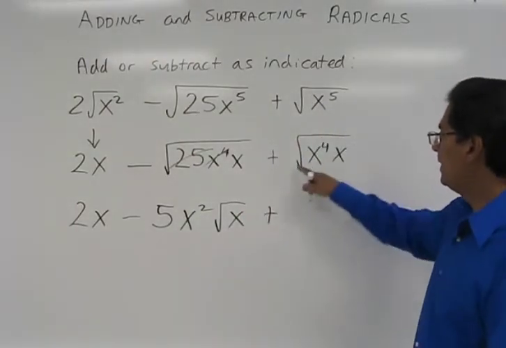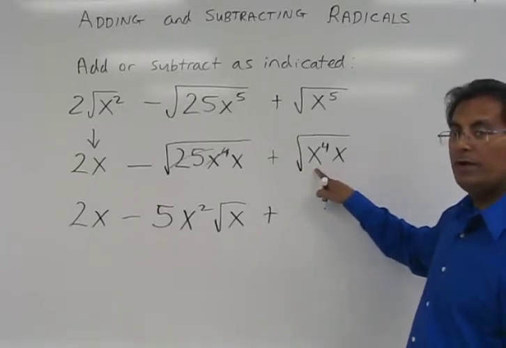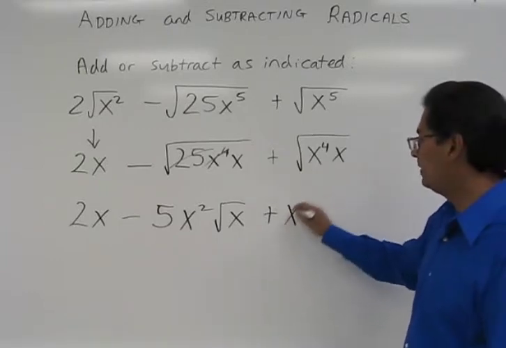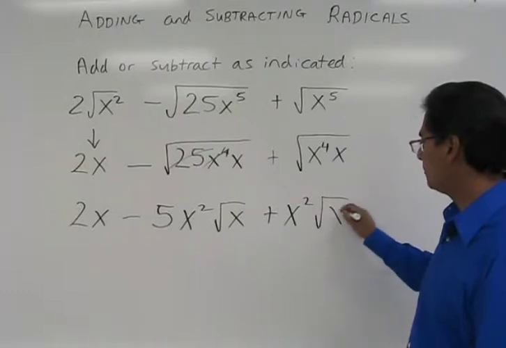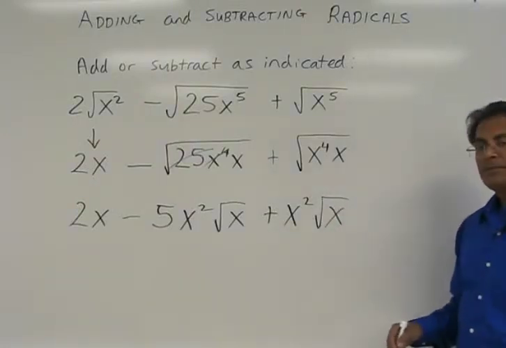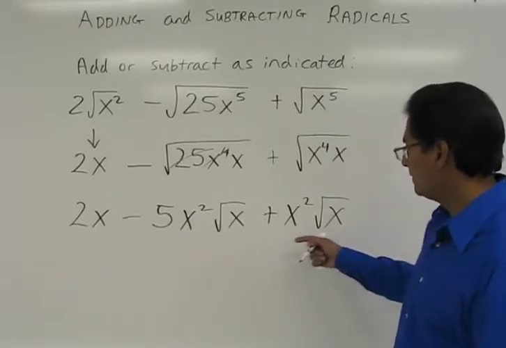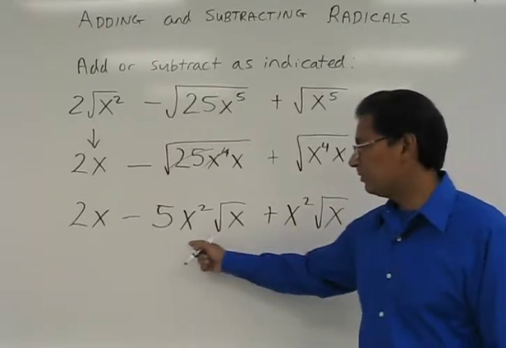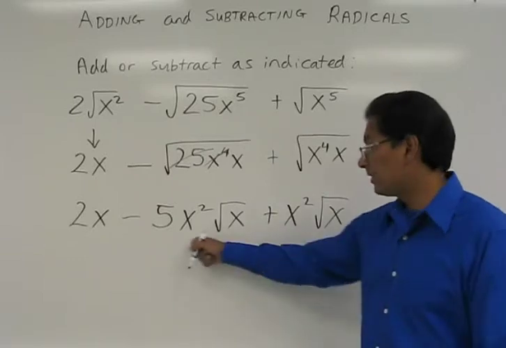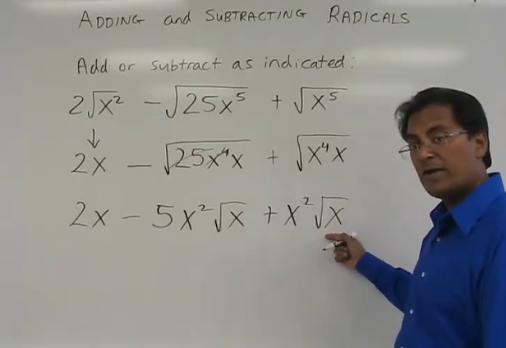Plus, here we're going to have x squared as well. Square root of x to the 4 is x squared. And we're left with square root of x. So now we can combine like terms if there are any. And here we see that these are actually like terms. Both of them have x squared, and both of them have square root of x.